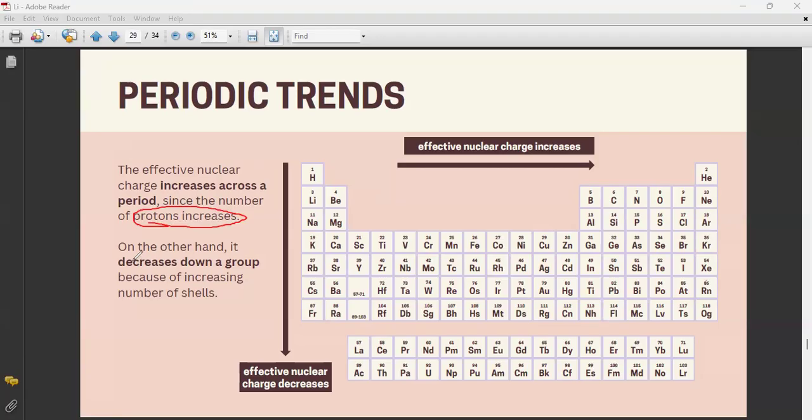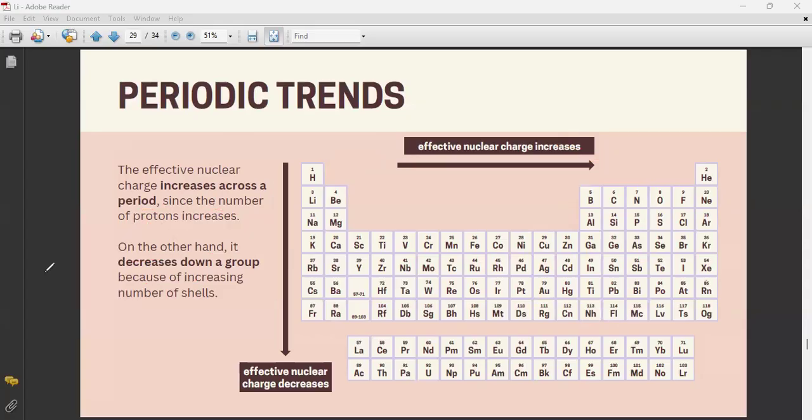On the other hand, when we move down the group, the effective nuclear charge decreases. Okay. So when we move across the period, the effective nuclear charge will increase. But as we move down the group, this effective nuclear charge will decrease.